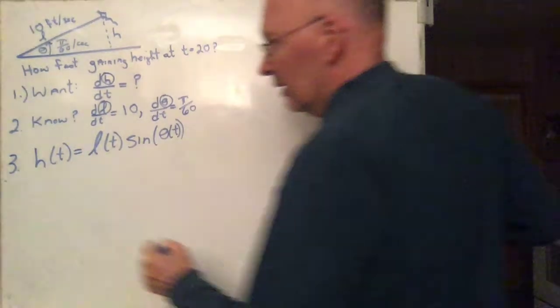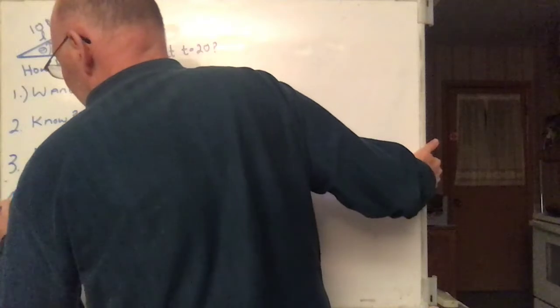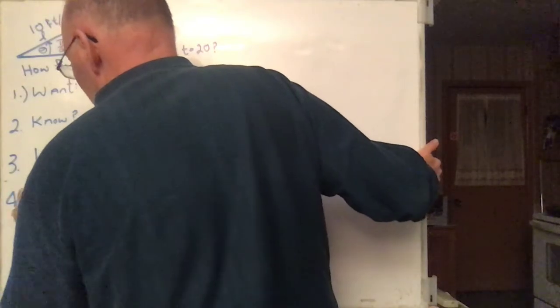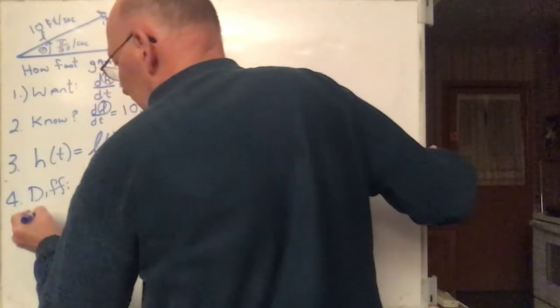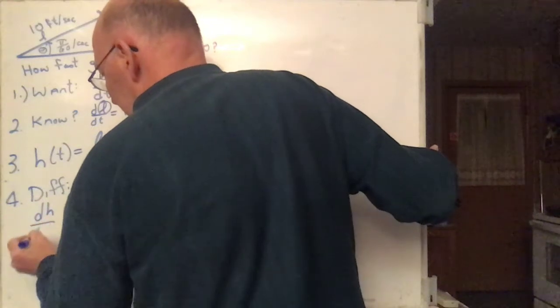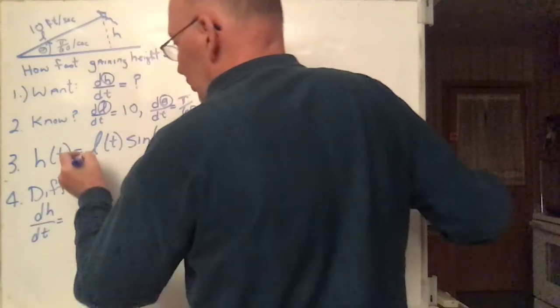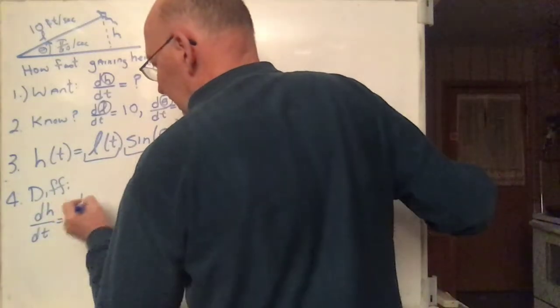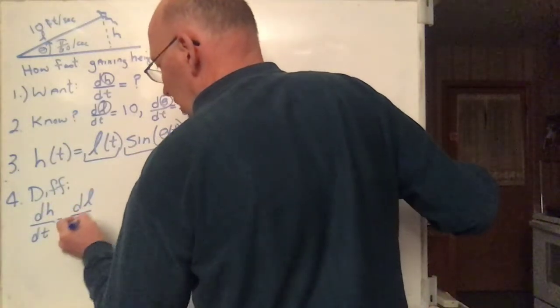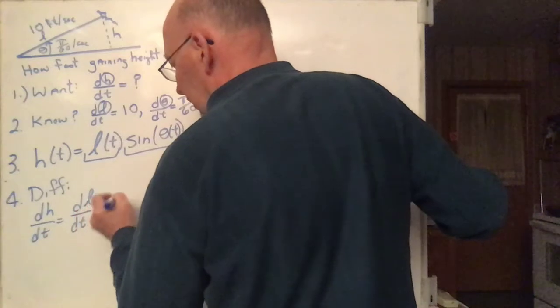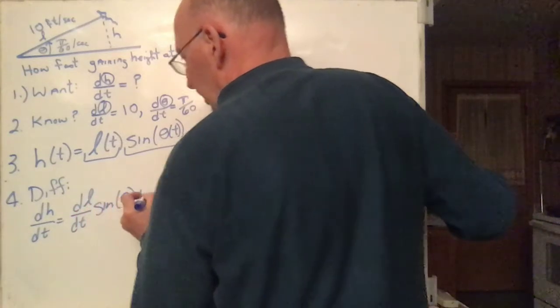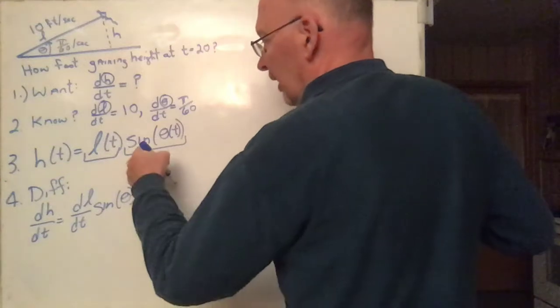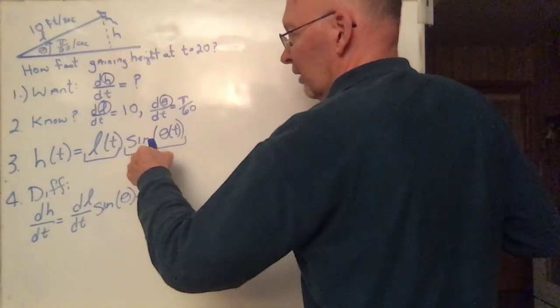So we have that. Now what's the fourth step? Differentiate. So we get dh/dt is equal to, notice we're going to have to use the product rule here. So it's going to be dL/dt times the sine of theta, plus L times, notice what we're going to have to do here.